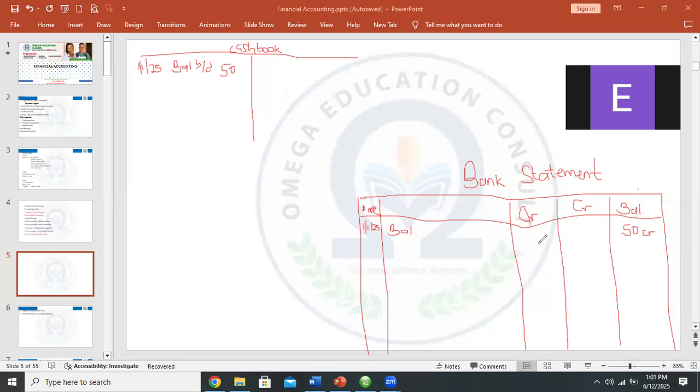So what it means is that you now owe the bank 50 cedis. And that will be shown with a debit balance. So anytime you see a bank statement that has a debit attached to the balance, it is an overdraft. Or sometimes they use this symbol O/D to indicate the overdraft. So take note of that.